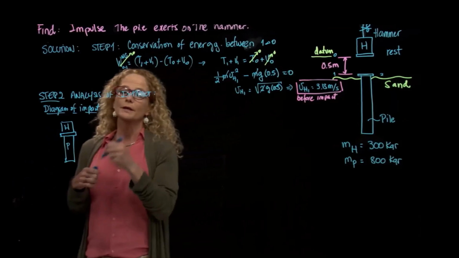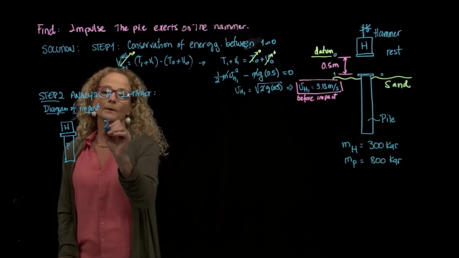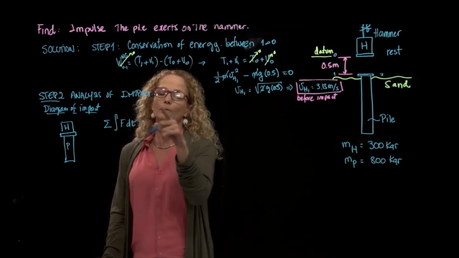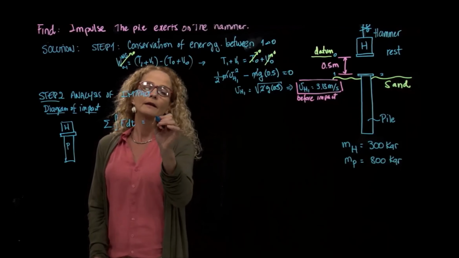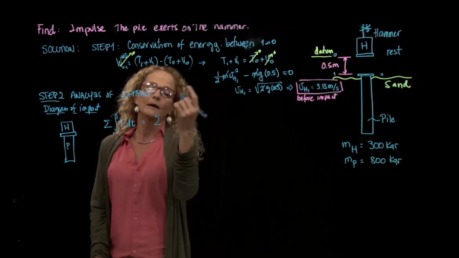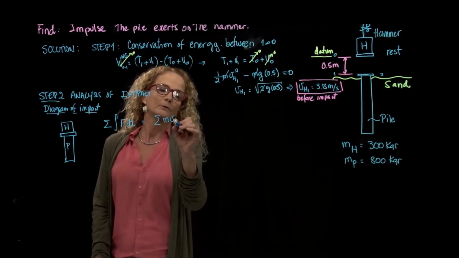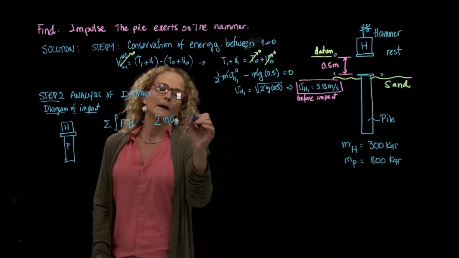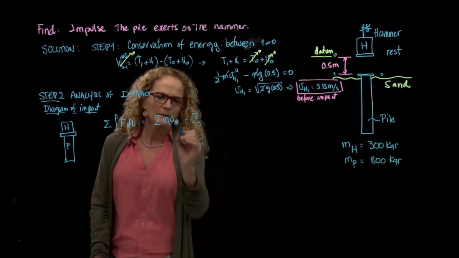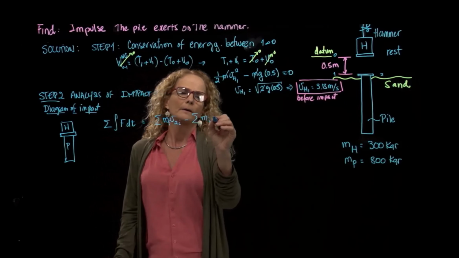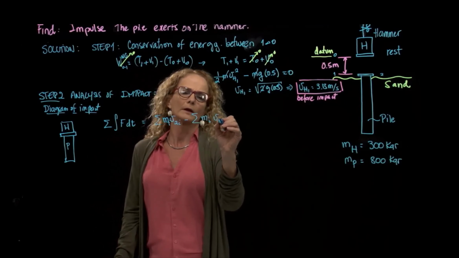So as you see here, if we apply our principle of impulse and momentum, then we know that this is the linear momentum after the impact, which we call 2, and this is the mass times velocity of each of them, minus the linear momentum before the impact.